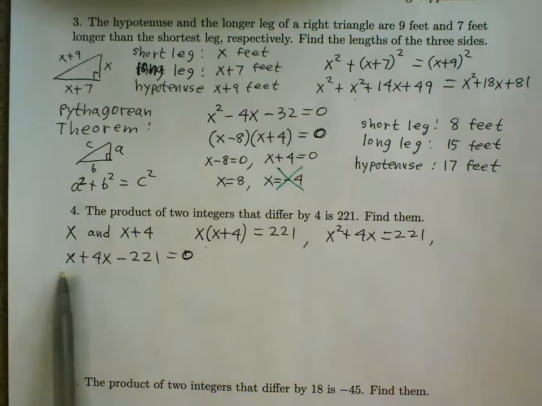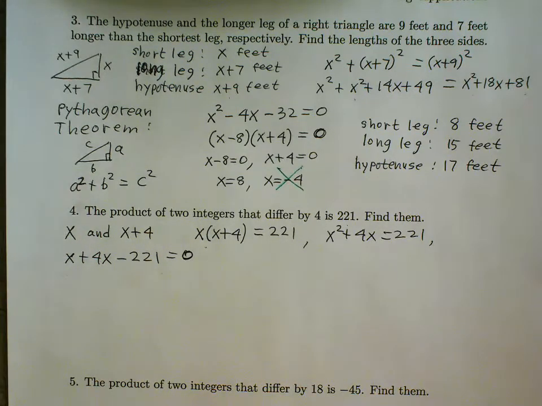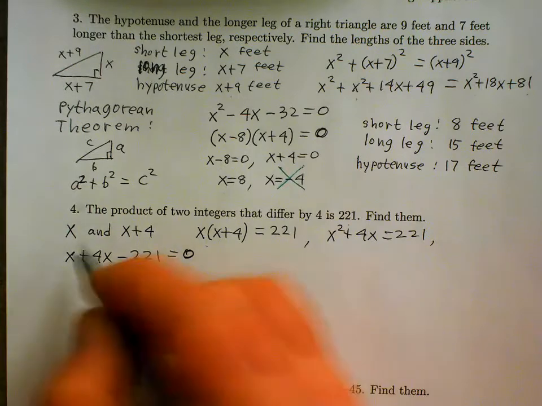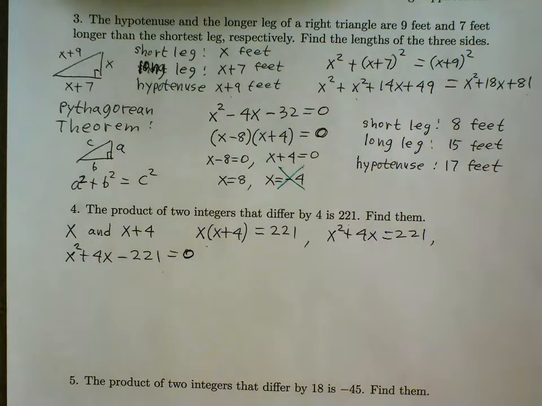And now we'll try to factor the left-hand side. Whoops, that's supposed to be x squared plus 4x minus 221. The greatest common factor is 1.